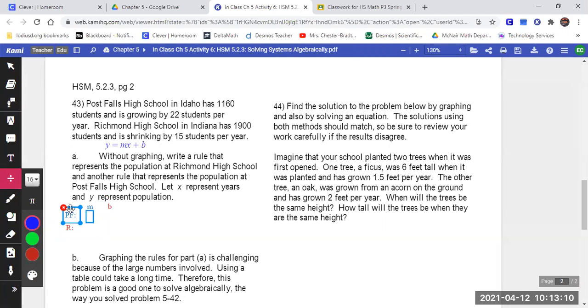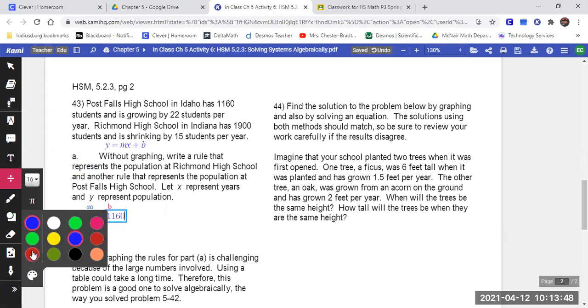What was it growing by? According to that story, what was Post Falls growing by? 22. Okay. And what was their beginning value of students? It's beginning. So 1160. Okay.